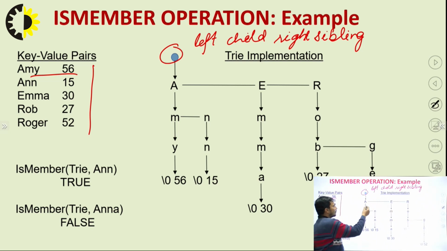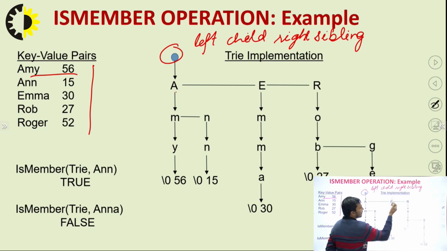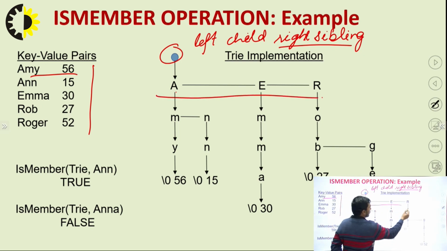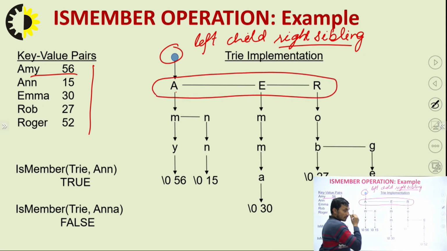So every node will have the address of one of its children, and every node also will have the address of its right sibling. In that way, by using this mechanism, we can have the characters which are not matching at the same level.